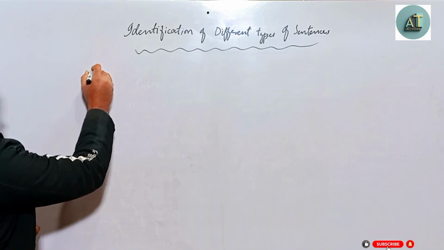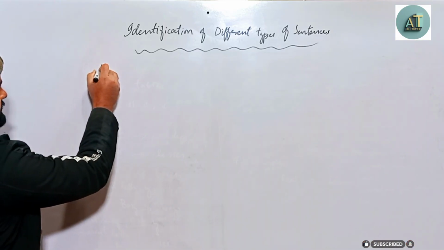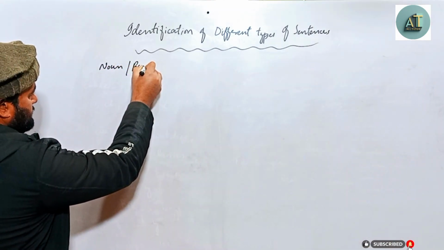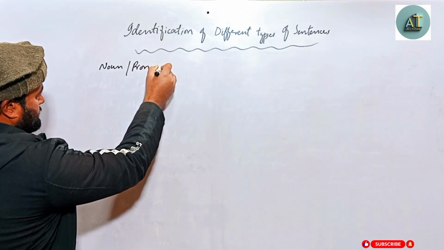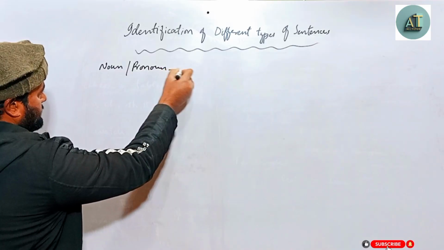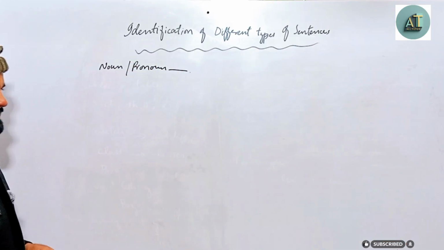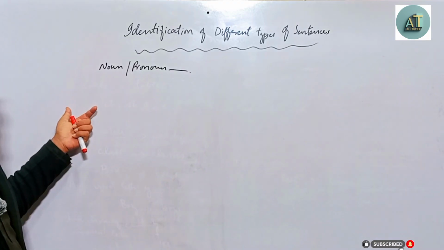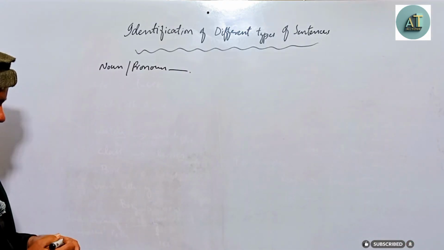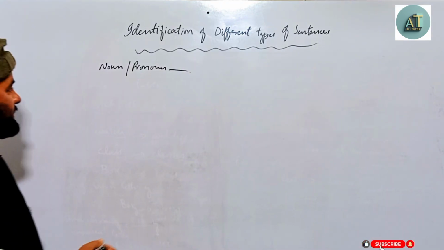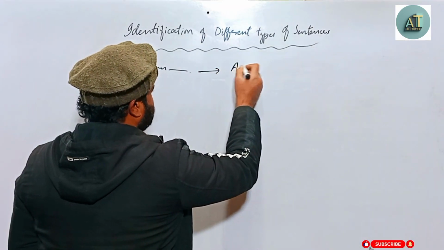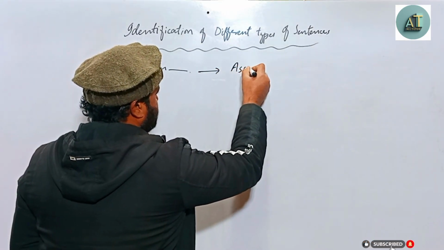All the sentences that start with a noun or pronoun and end with a full stop or period are called assertive sentences, sorry.